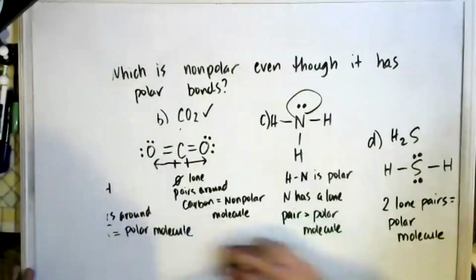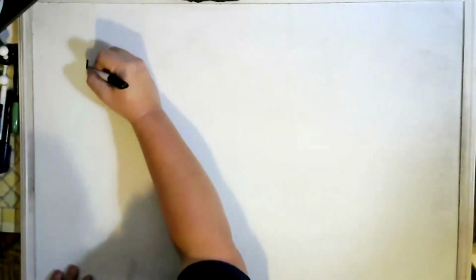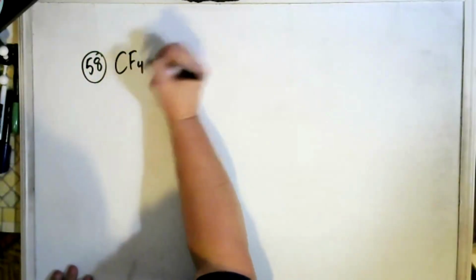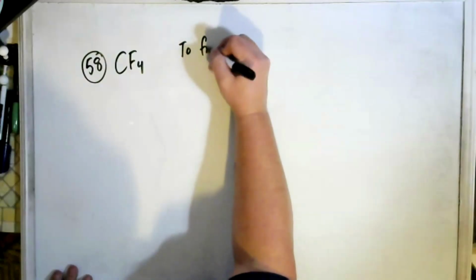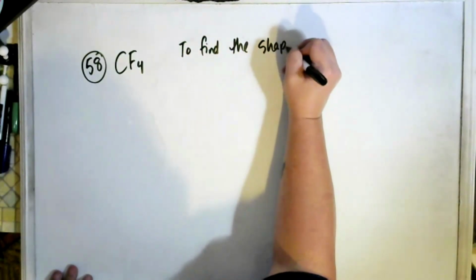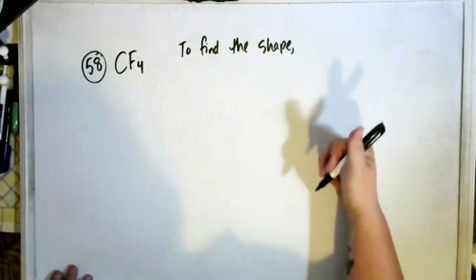All right, question number 58 asks us to find the shape of the CF4 molecule. Okay, to find the shape, first draw the Lewis structure.